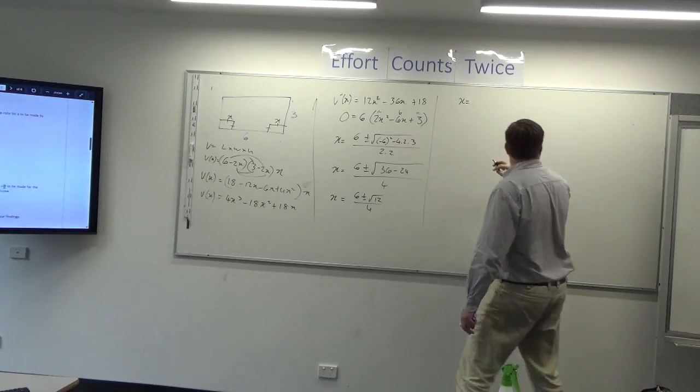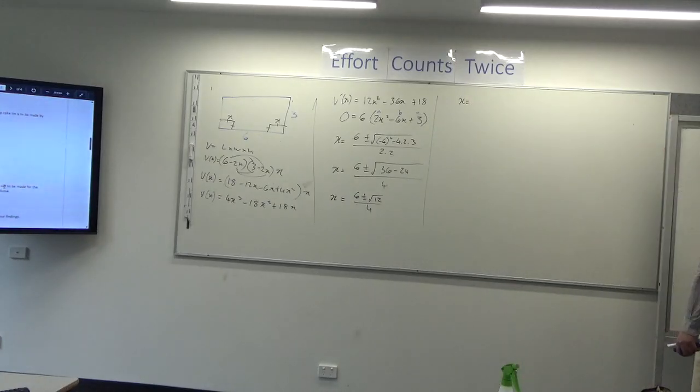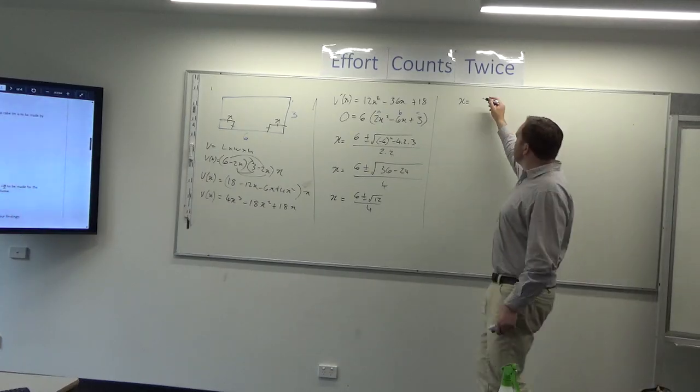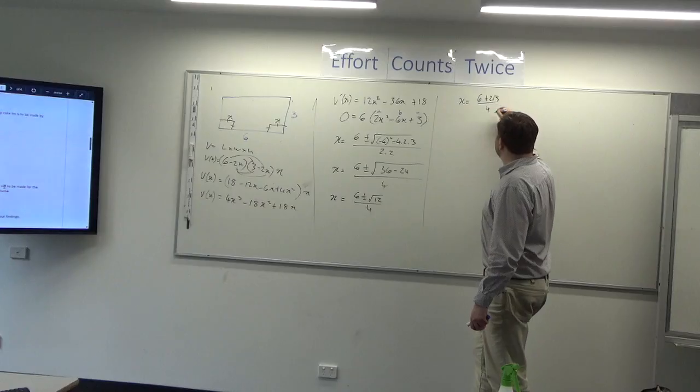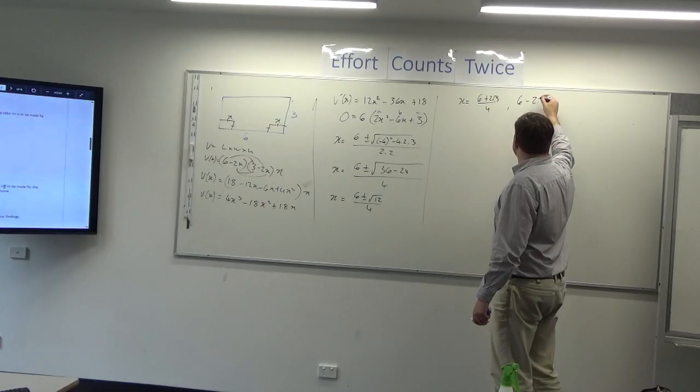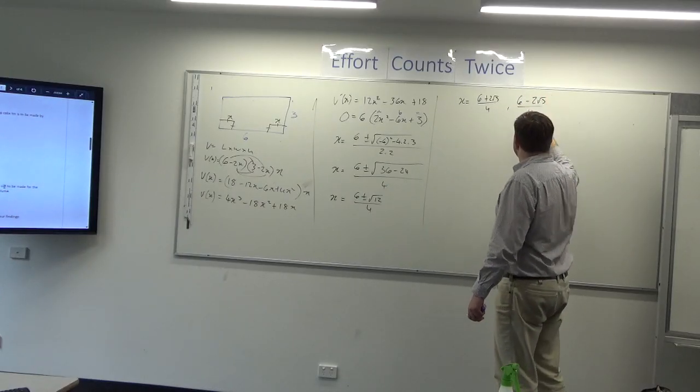X equals, now it's probably worth going up to the side and recognising how we can simplify root 12. Root 12 is the same as root 4 times 3, which is the same as 2 root 3. So you're going to have to play a bit around with square roots, but root 12 simplifies to 2 root 3. So this becomes 6 plus 2 root 3 on 4, and 6 take 2 root 3 on 4.